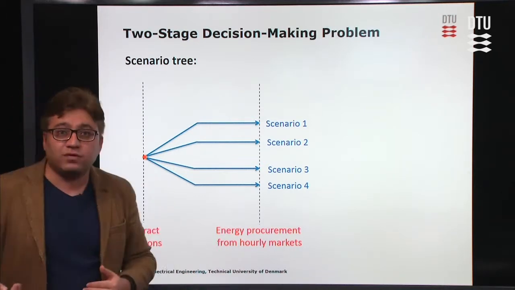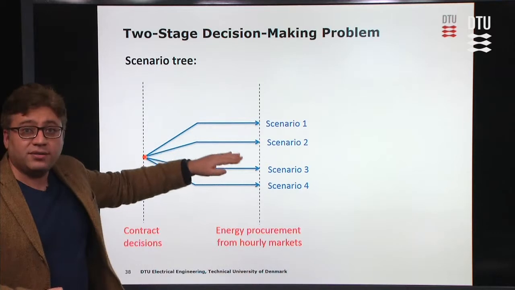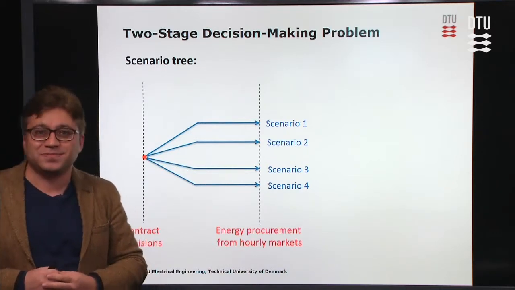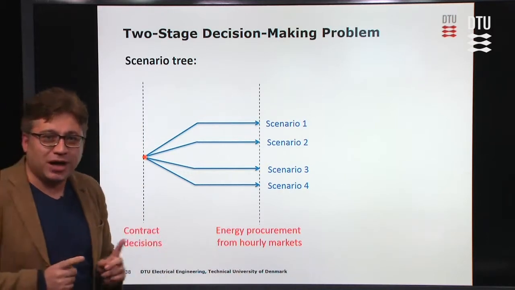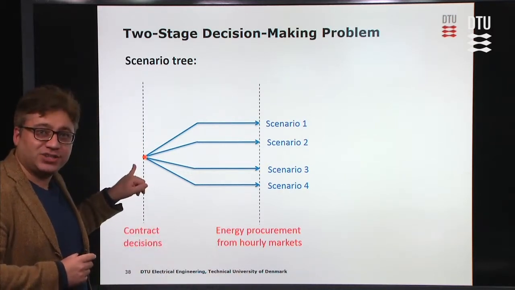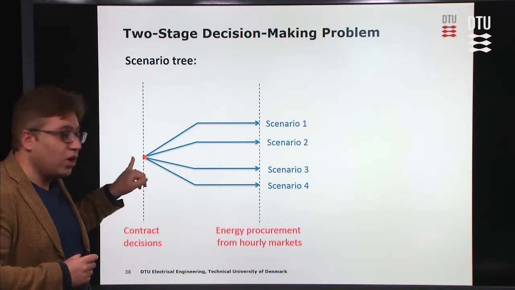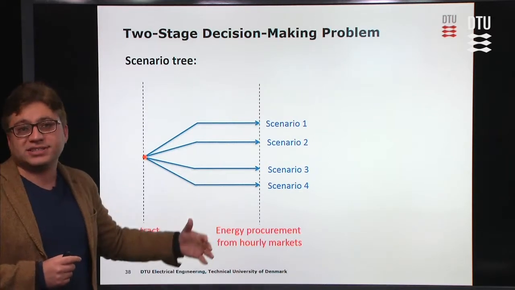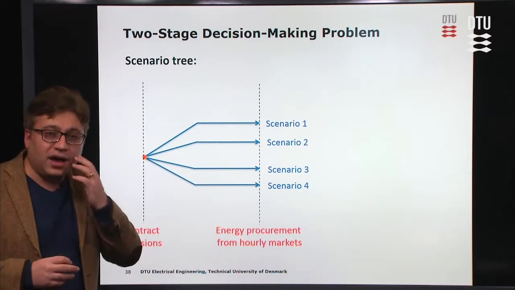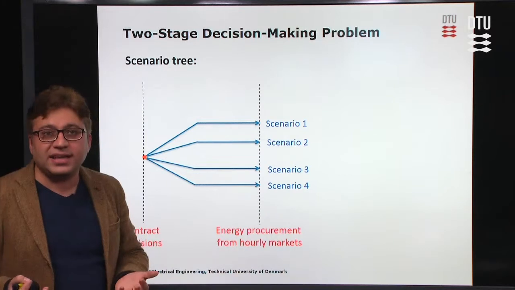Since we had 4 scenarios, here we have 4 branches. So we need to solve this problem to find the optimal first stage decision while accounting for the uncertainties that haven't been realized yet.